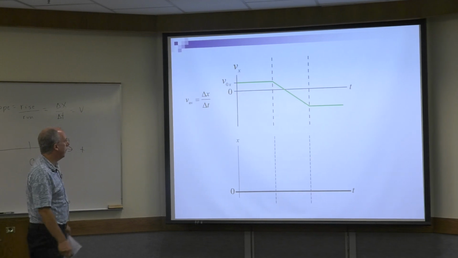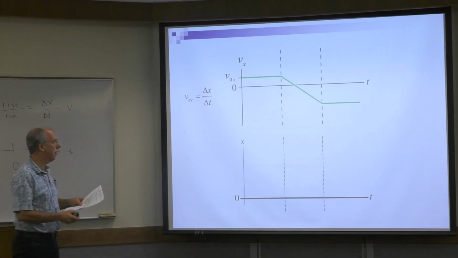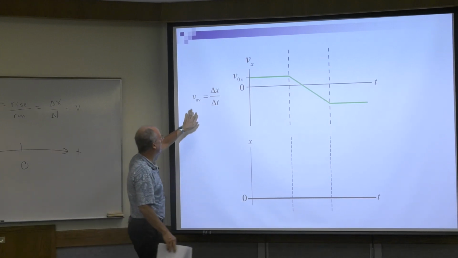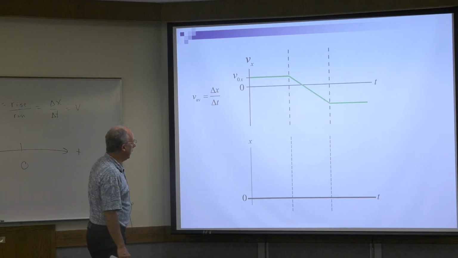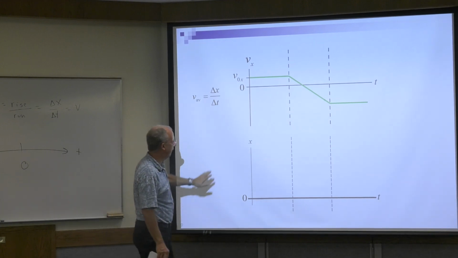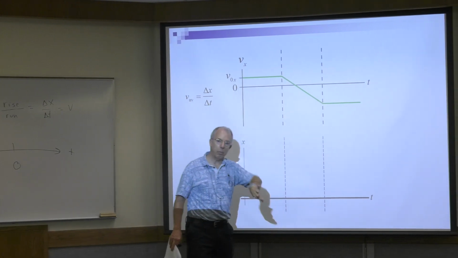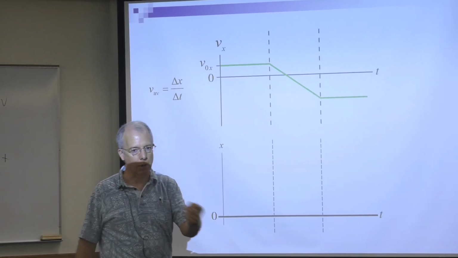All right. Here, this is a velocity versus time graph. And here, again, velocity is delta x over delta t. So what I want you to do, please, is draw a position versus time graph. So now we're going backwards, right? Before we had a position versus time and we figured out the velocity.